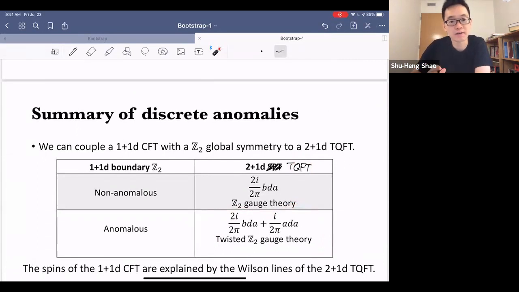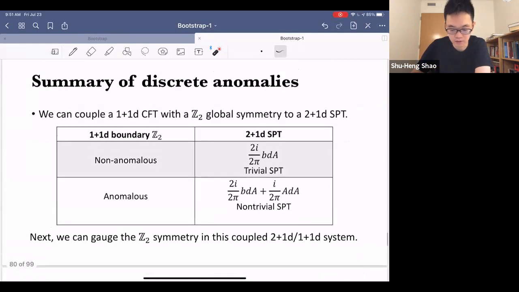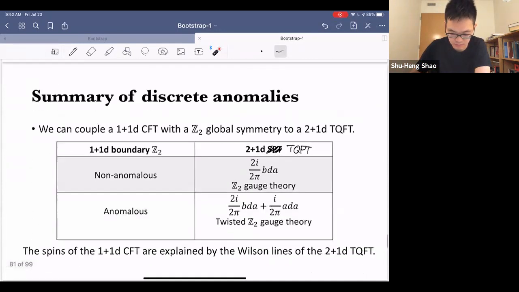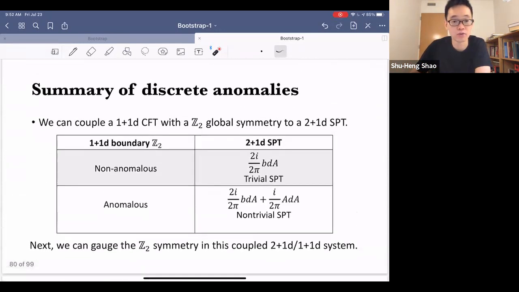The statement that there has to be an anomaly inflow is in the SPT picture, where the symmetry has not been gauged. If the symmetry has been gauged, it's gone. We can no longer talk about its anomaly. So that's why I purposely made these two discussions into two different slides.